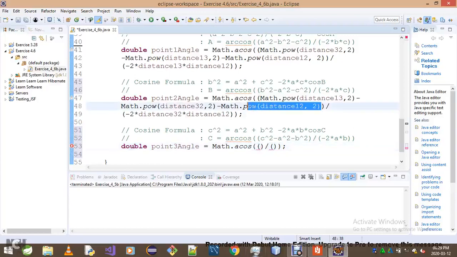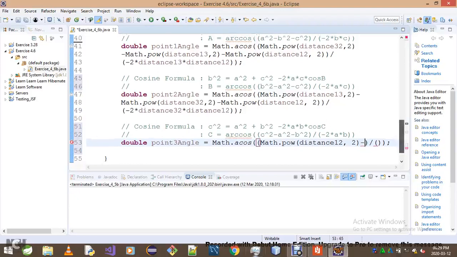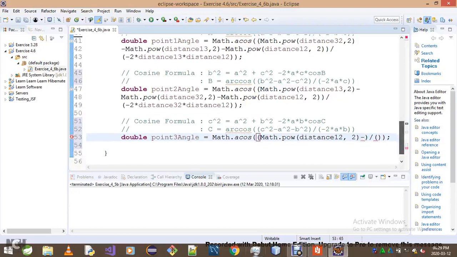We know that C, the distance C, is given by the distance 1, 2. So we're going to have C squared, which is 6 squared, minus A squared. So what is our A squared? A squared is given by this over here.